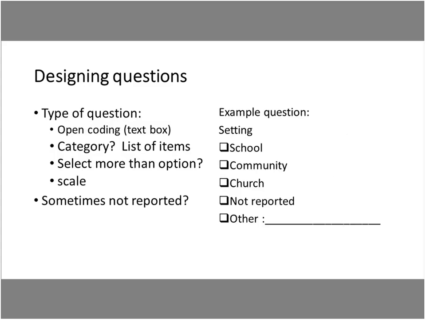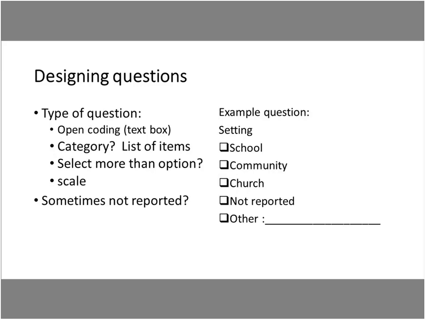They also need to consider different types of questions they could do. If they need to be able to mark more than one option, maybe it should be a scale type of question. And for many of the questions, it's also important to put in a not reported option, because you just never know, even though you might consider, of course they're going to tell me that information.